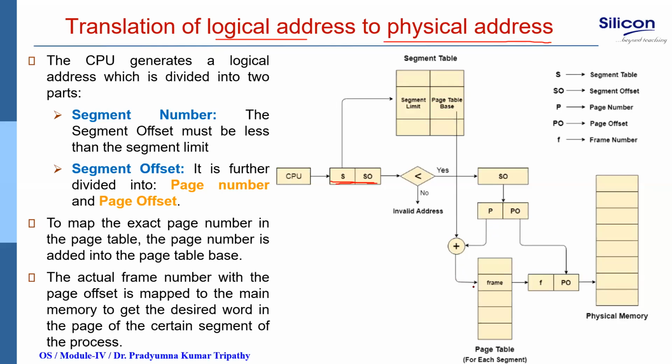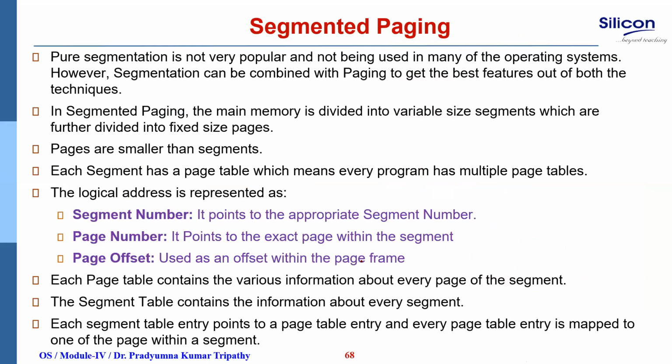From this entry it gets the page table address, so that it gets the corresponding frame number. The frame number is added with the page offset to get the physical address. So we have segment number, segment offset, and page number and page offset. I hope it is understood.